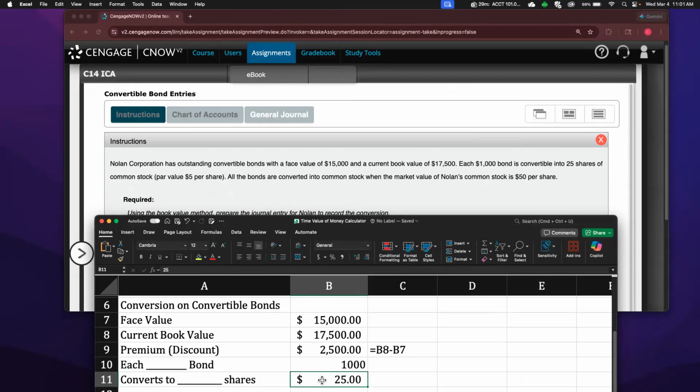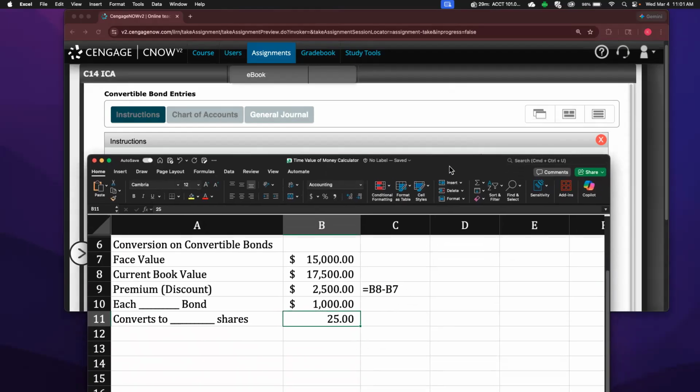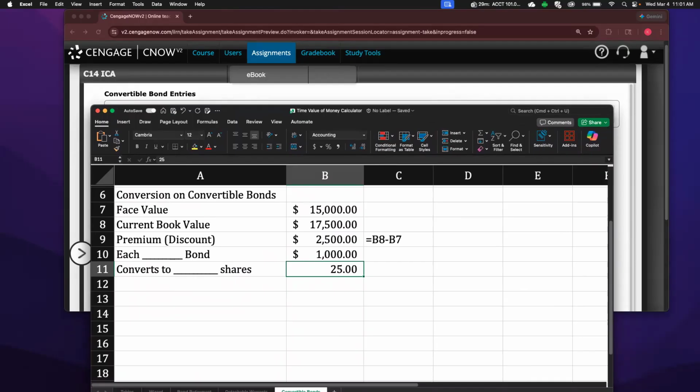Every $1,000 bond, that one should have the dollar sign and this one should not, converts into 25 shares.